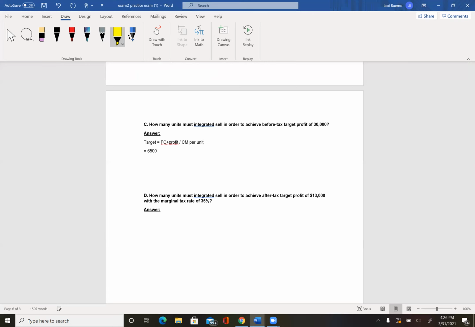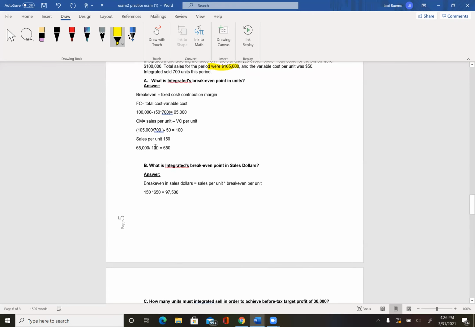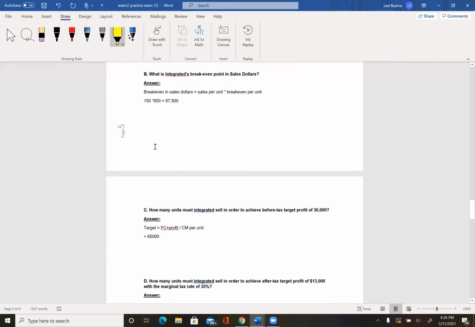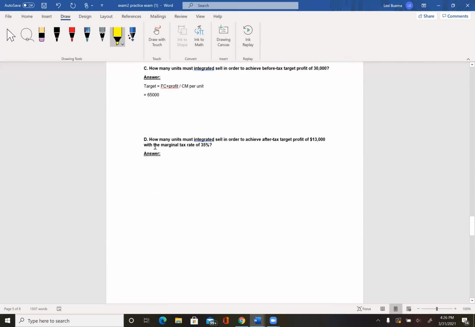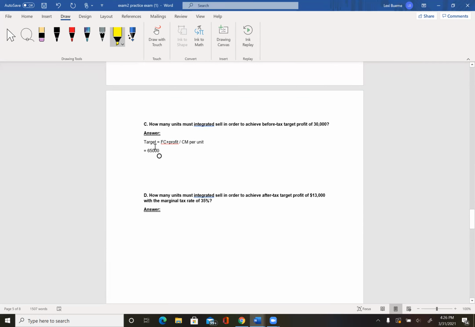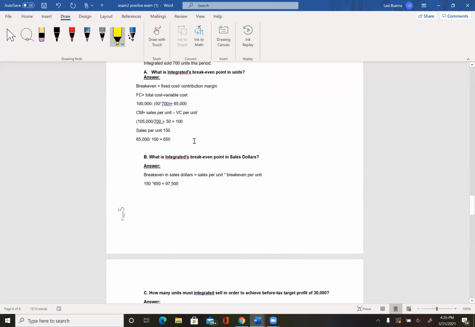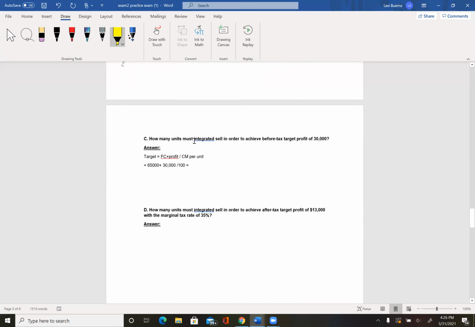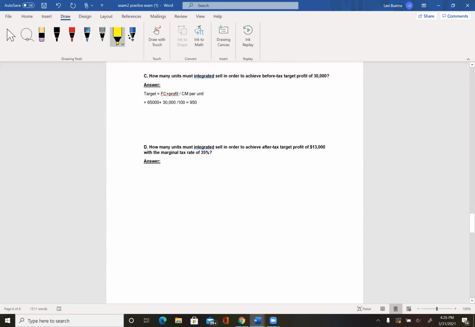We found earlier the 65,000 from above, right there. And then you're going to add in your profit, which is 30,000, which is given in the question, and then divide it by your contribution margin per unit, which we also found up in A. That's going to give you 950. That's how many units you should sell.